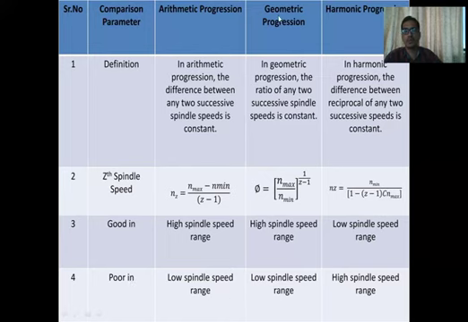A gearbox designed with the geometric progression will perform poorly in the low spindle speed range. And a gearbox designed with the harmonic progression will perform poorly in the high spindle speed range. So this gives you a clear idea about the comparison of the various laws of progression.